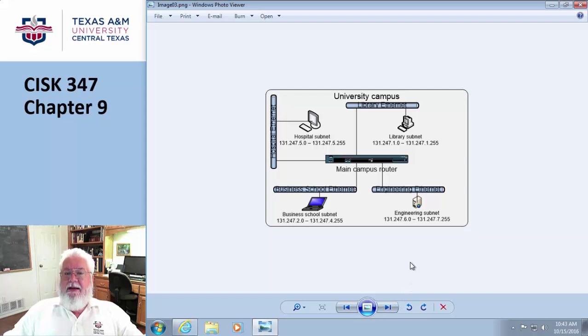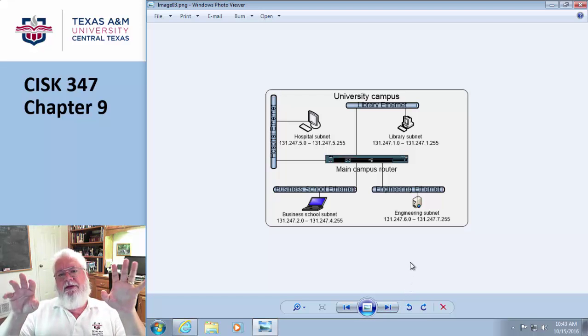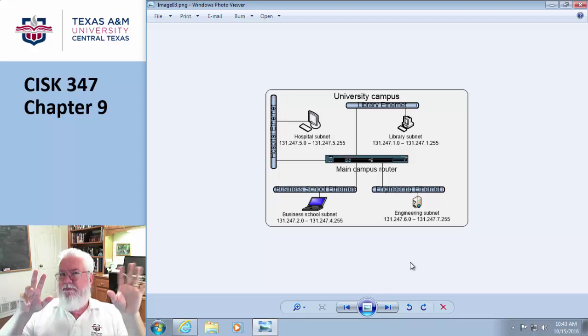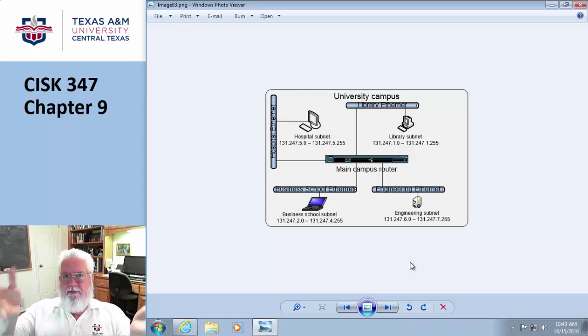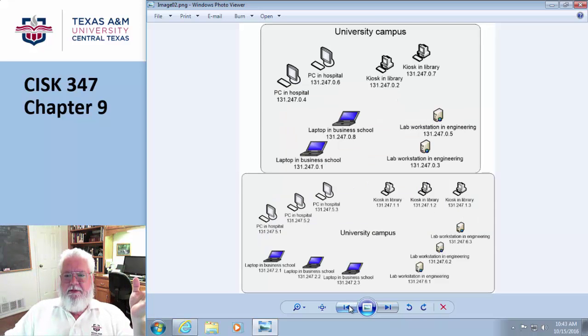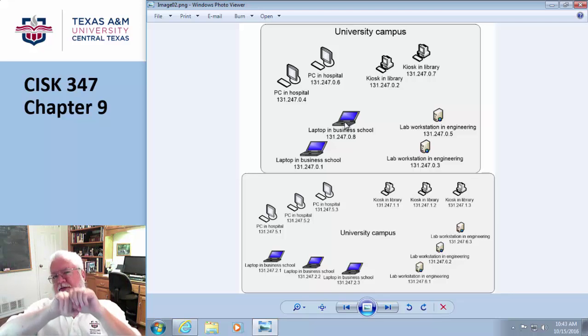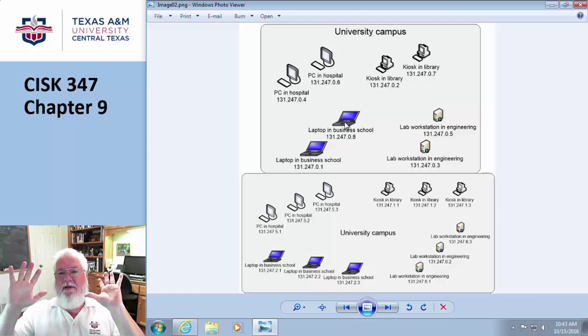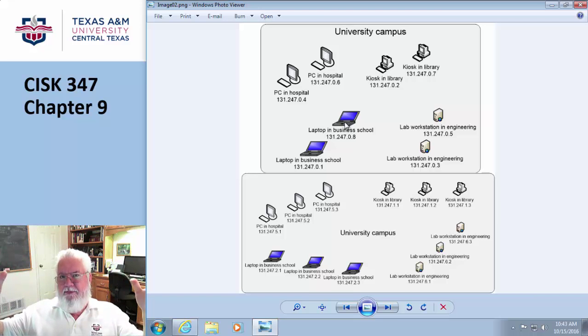So let's say I have two machines that routinely talk to each other. Wouldn't it make sense, if you had a kind of a hodgepodge thing like this, maybe this guy over here and this guy over here often talk to each other, and they talk an awful lot, to move those people into the same subnet? So sometimes you build the subnet around a physical thing, like a building.